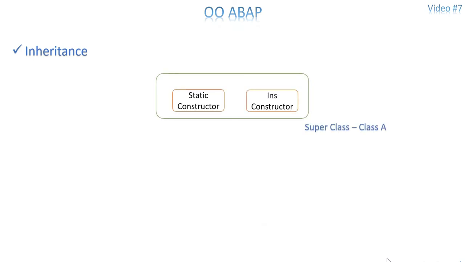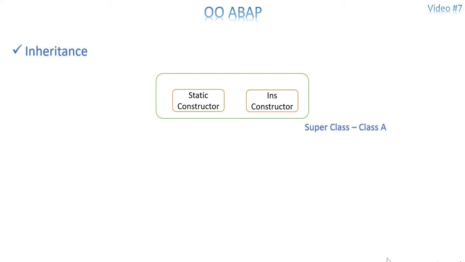If you take a superclass, you have a static or instance constructor. Both are optional, so if the requirement needs it, then you can have it. Once you inherit or derive a subclass from the superclass, if the constructors are available, then automatically the preference goes to the superclass constructor first.